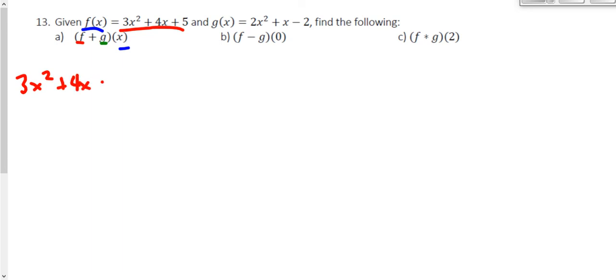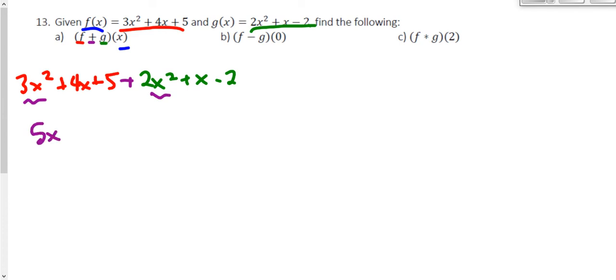I will add to that plus g, which is this guy, 2x squared plus x minus 2. All I have to do is combine my terms, and this problem is finished. 3x squared plus 2x squared is 5x squared. 4x plus x is 5x. And 5 minus 2 is 3. So that's my final answer for problem A.